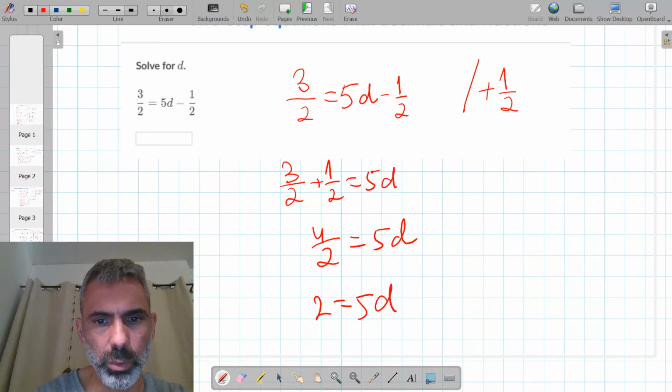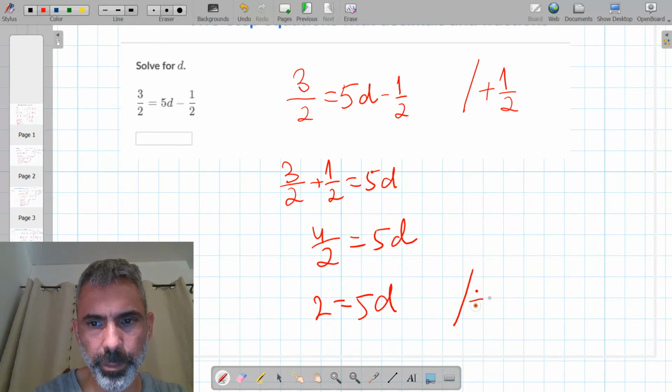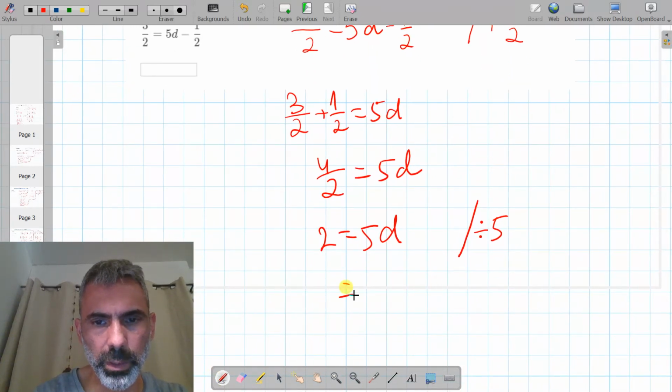And now I need to isolate the D by dividing both sides of the equation by 5. So on the right hand side I'm left with D, because 5 times D divided by 5 is just D, and on the left hand side I have 2 divided by 5. So this is the result.